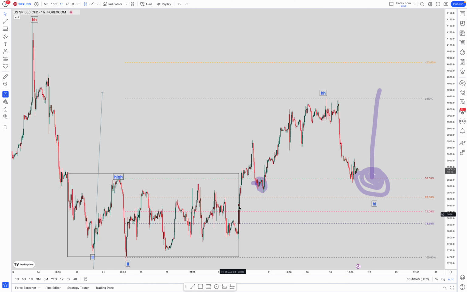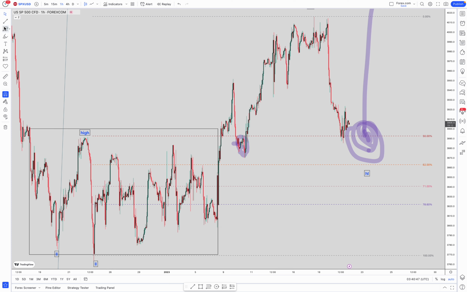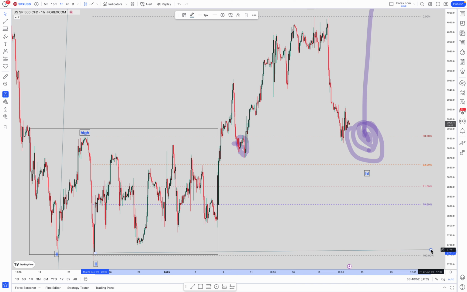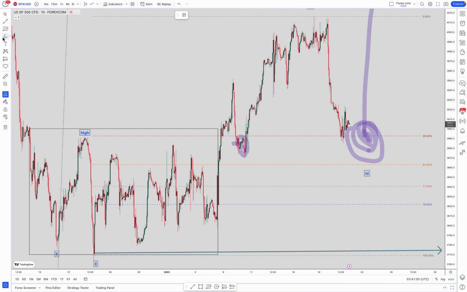But unless this low gets taken, the market comes below here, I'm not going to be looking for selling opportunity. Unless the market comes trickling down here, I'm not looking for sells. Otherwise, it is just going to be bullish. We don't want that.